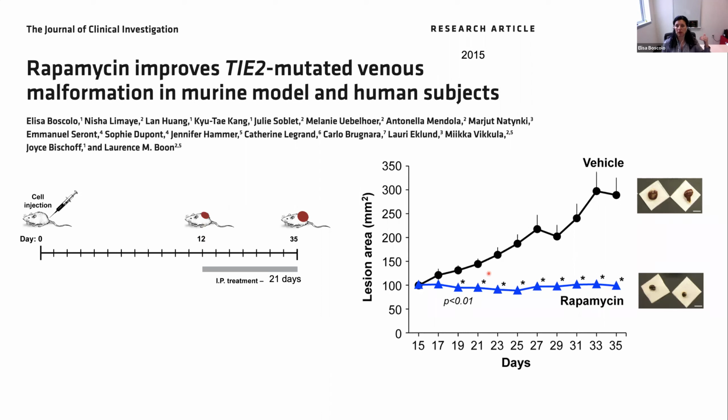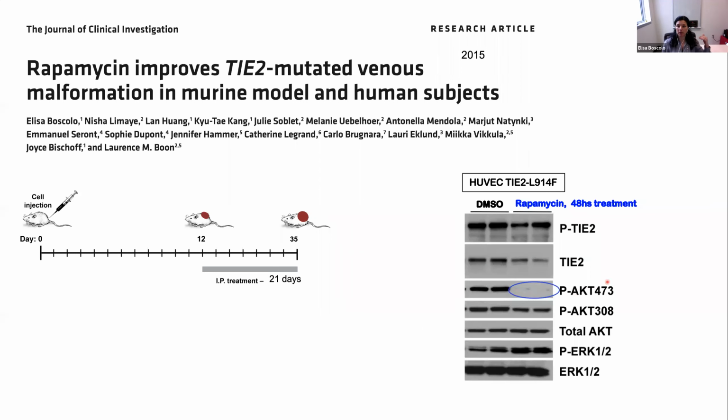You can see that the vehicle-treated VM xenografts kept growing, but the rapamycin remained stable. We found that the effect of rapamycin, when given every day, was due to a decrease of phospho-AKT at site 473.